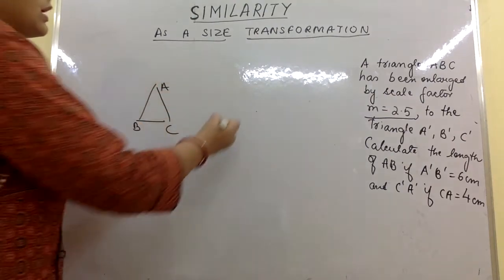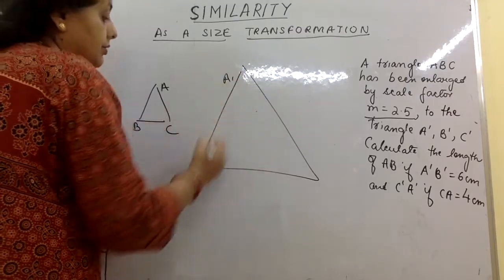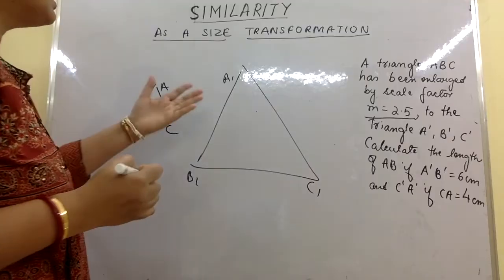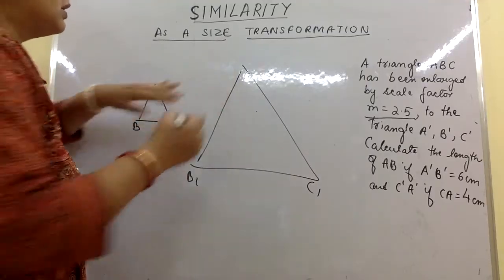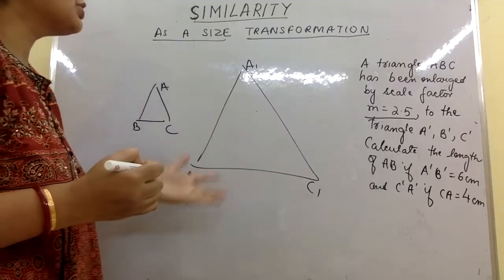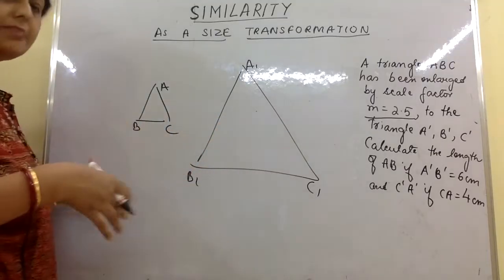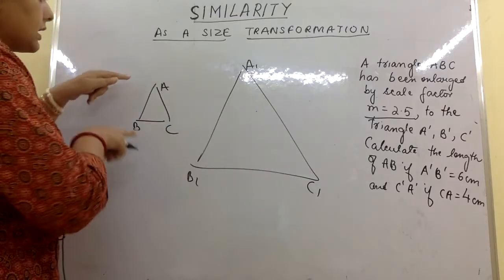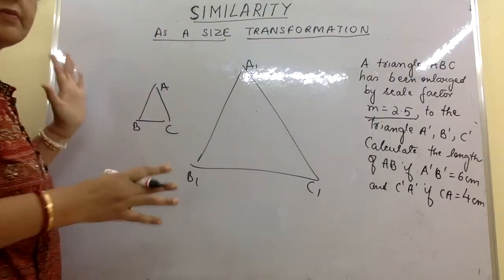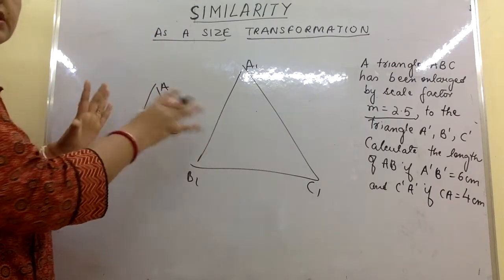The original triangle ABC has been made into another triangle A dash B dash C dash. What is the scale factor? 2.5. In very simple words, if the length of this is 1, the length of this will be 2.5. That's all. These two triangles are definitely similar.